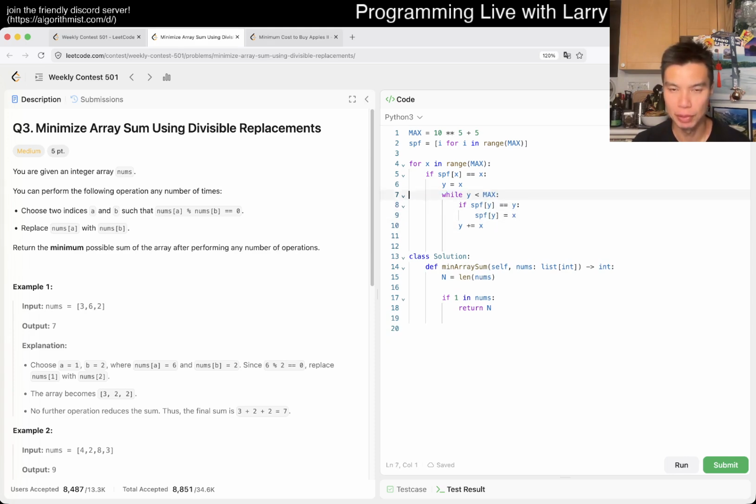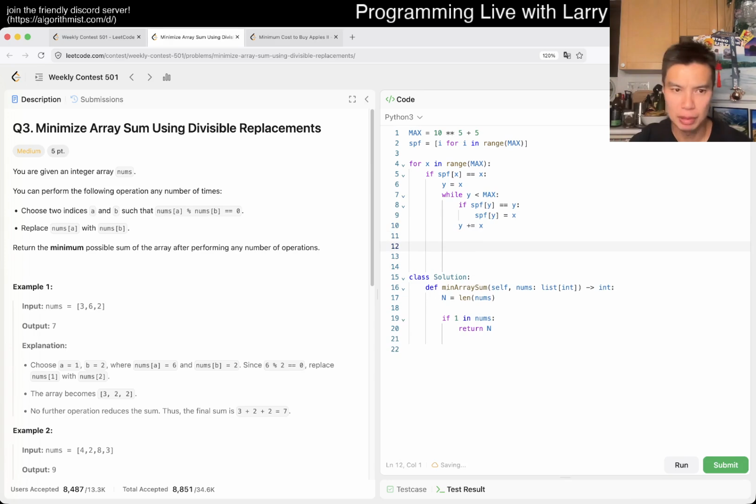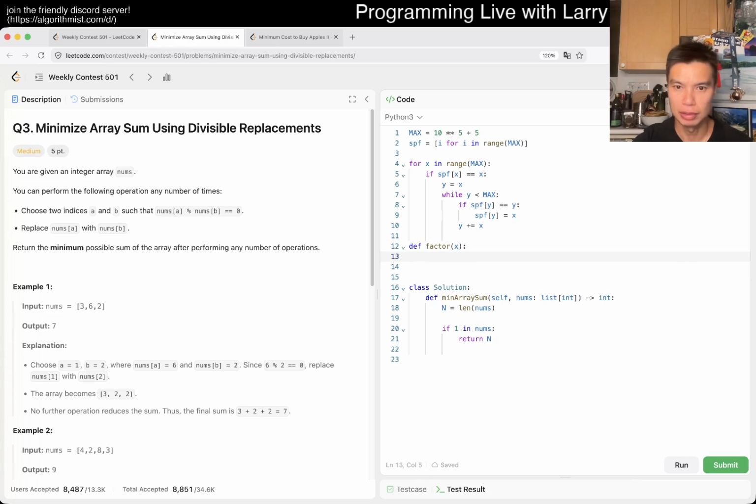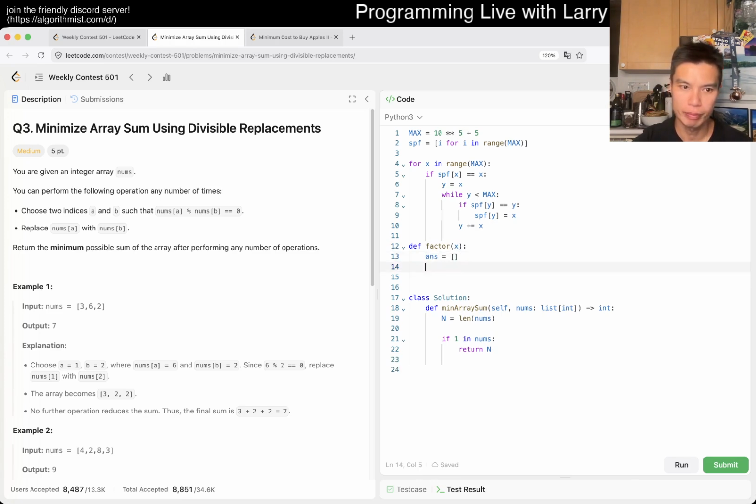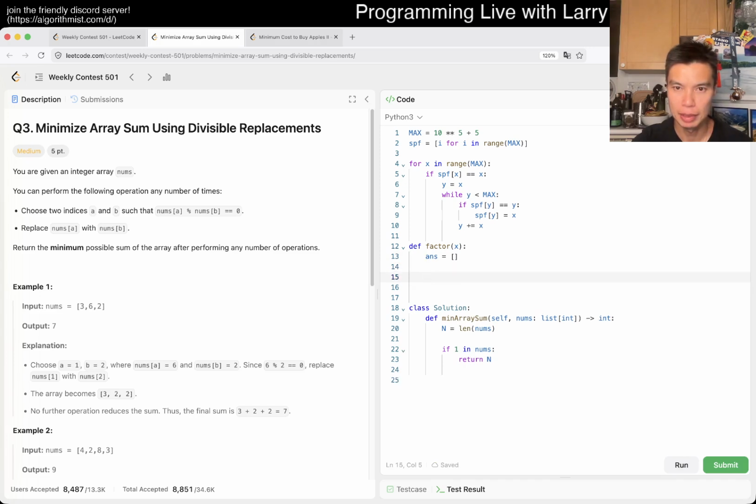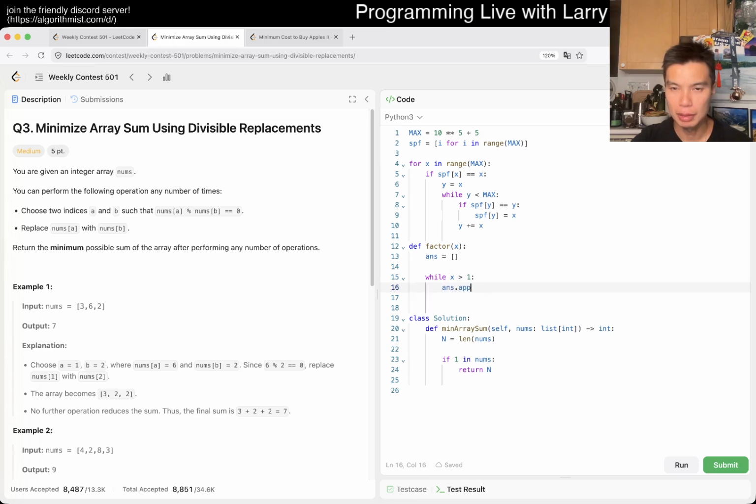So it gives you the smallest prime factor. I guess it doesn't really matter because we go through all of them anyway, right? So primes, or factors rather, of x is going to be equal to, right? Yeah. Well, x is greater than 1. And so I guess this is a set, is fine.